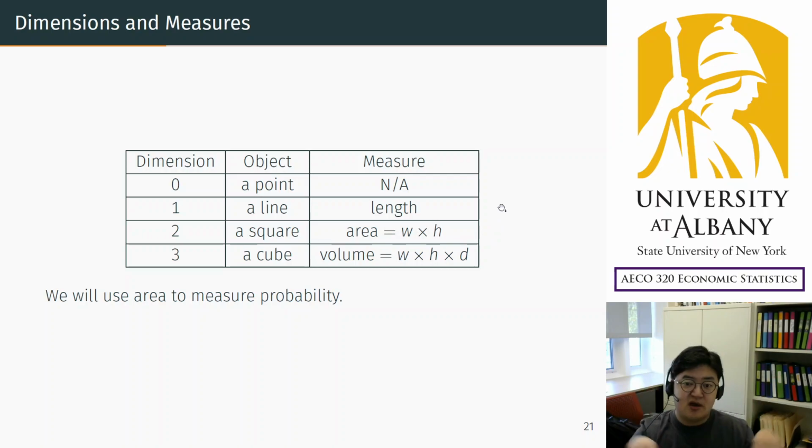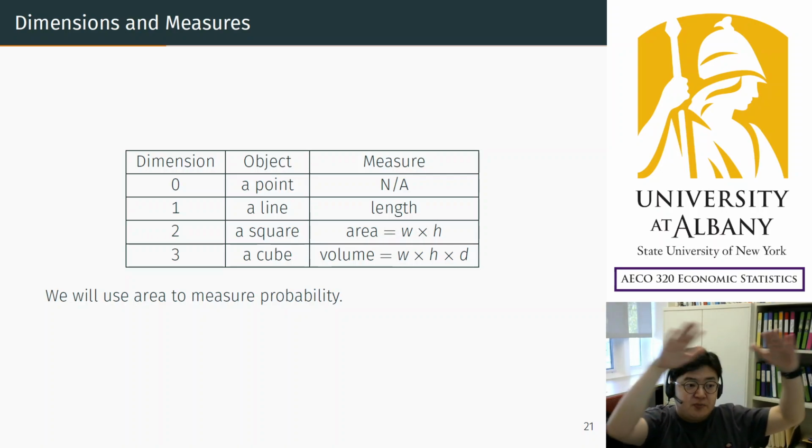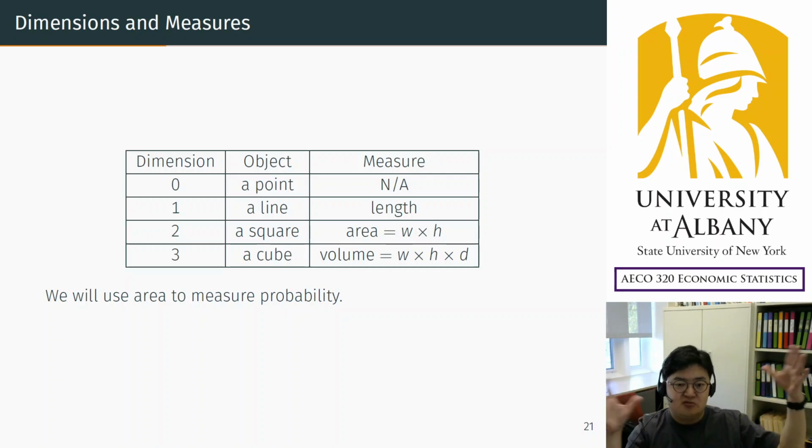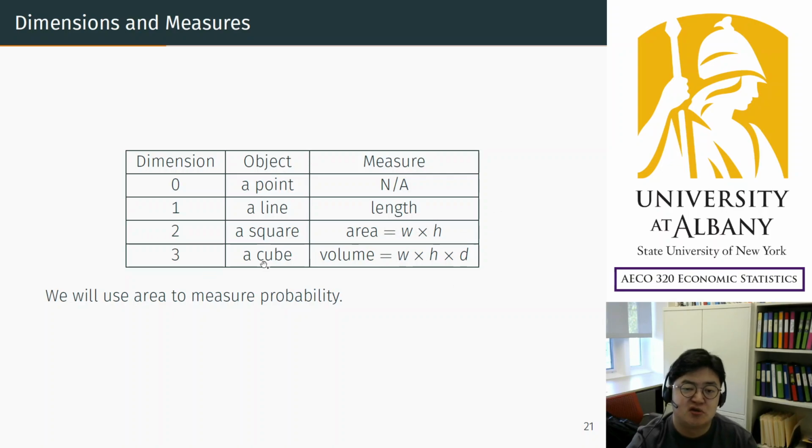You know, right? And you can keep going to a third dimension. If you add a third dimension by collecting an infinite number of squares, planes, like papers accumulated, then it becomes a cube. The three-dimensional cube is a three-dimensional object, and its measure is the volume, like width, height, and then depth, right?